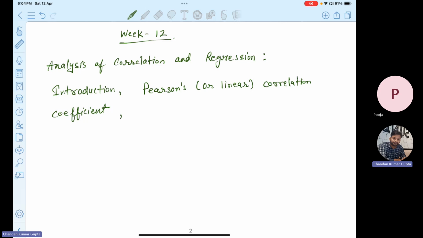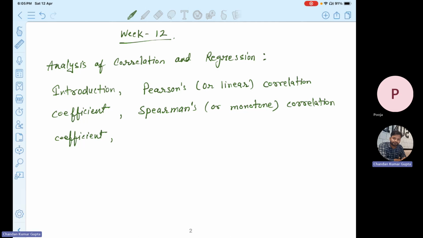And then we will discuss Spearman's correlation coefficient, which is also called monotone, and rank correlation.